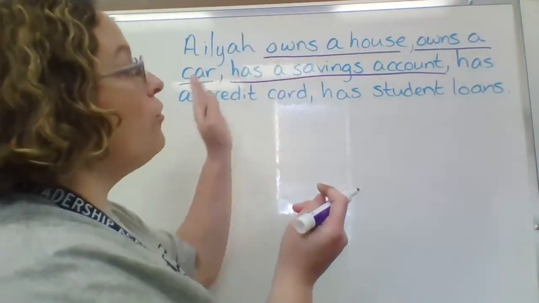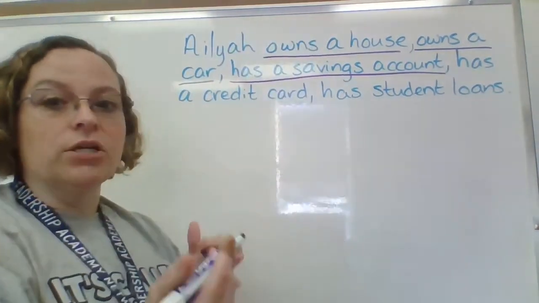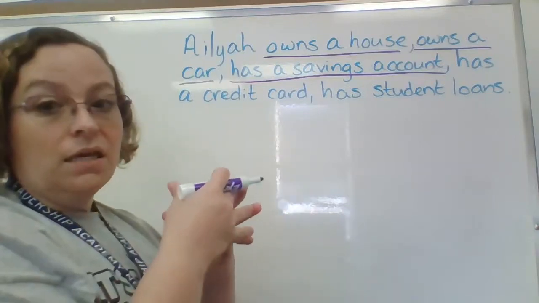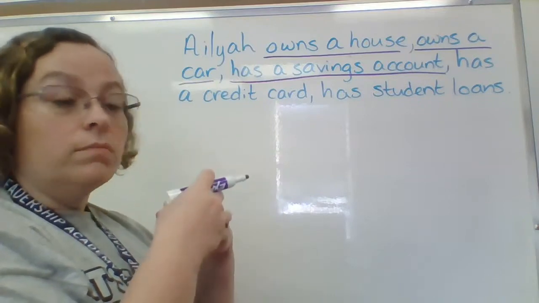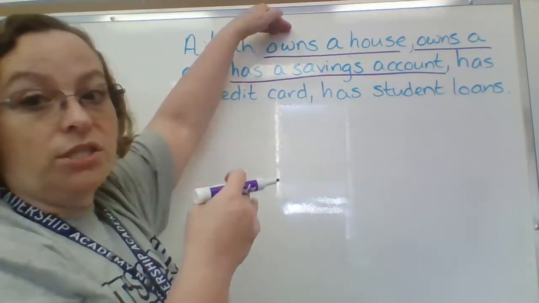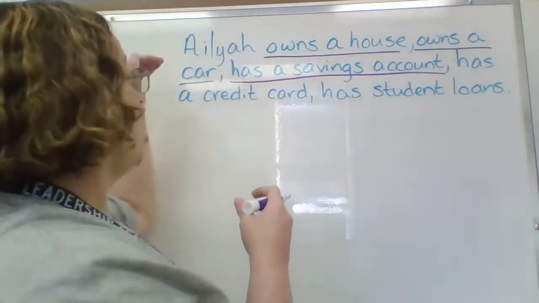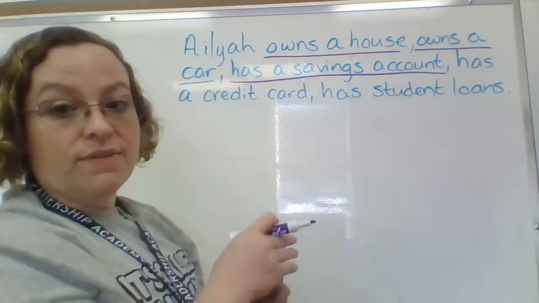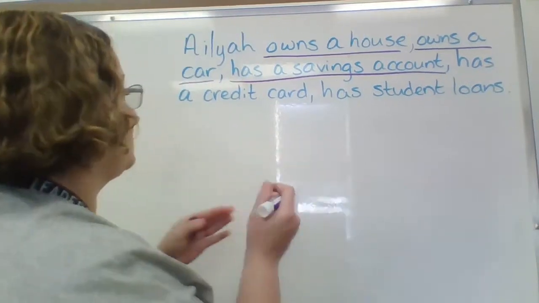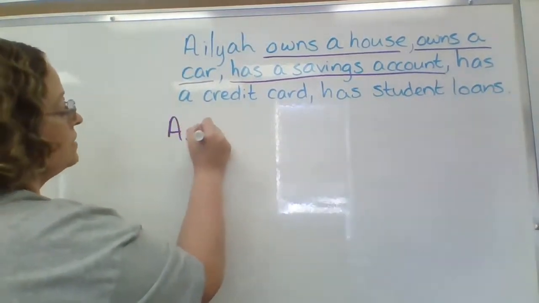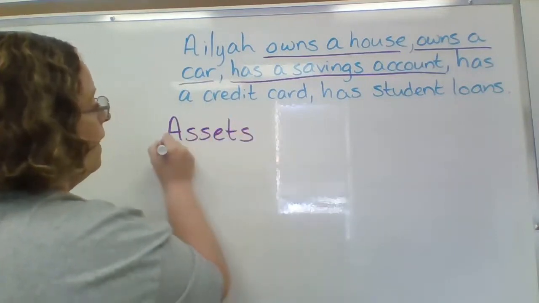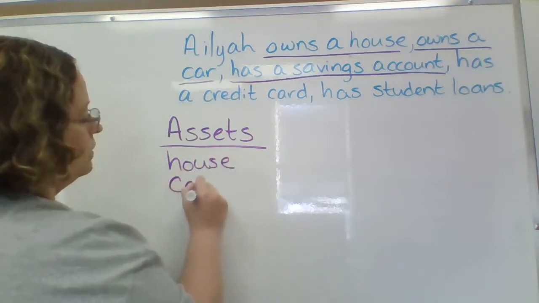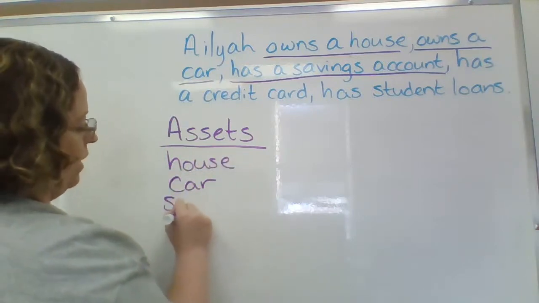So these are all things that can be considered assets. Because they all have money involved with them. She could sell her house and she'd get money, right? She could sell her car and she'd get money. Yes. She could go to the bank and get money out of her savings account. Okay, so those are all assets. So her assets are her house, her car, and her savings account.